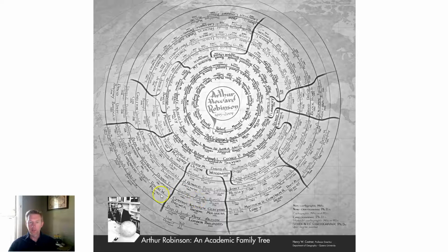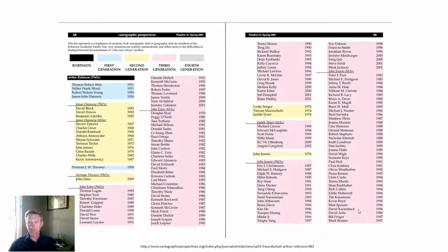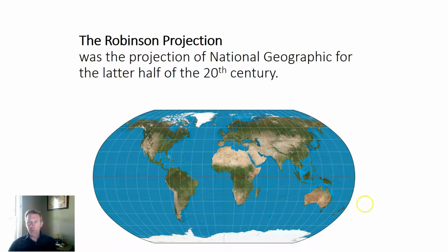We've seen ColorBrewer, which gets its name from Cynthia Brewer, right here at the bottom. So lots and lots of connections in cartography back to Arthur Robinson. Here is another visualization of that laid out in table form.